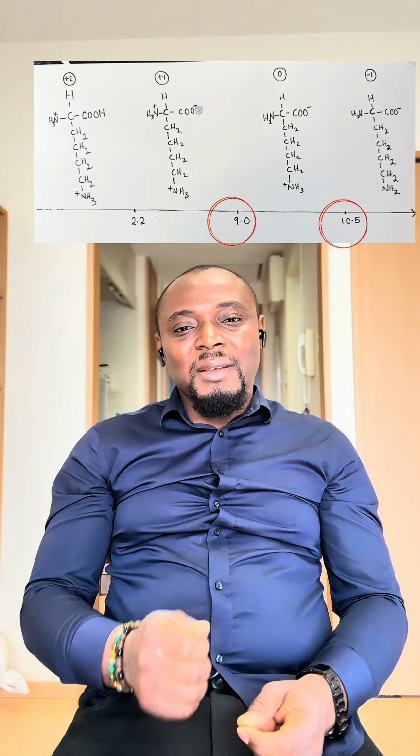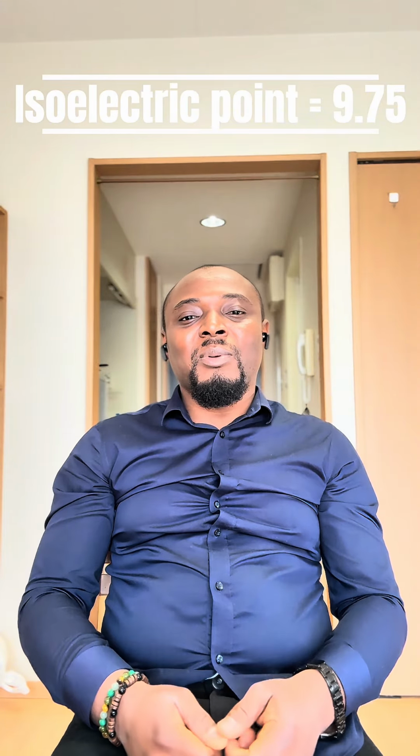For lysine, the 2 pKa values that surround the neutral form are pKa 2 and 3. When you calculate the average of these 2 pKa values, you will get the value 9.75, and that's the isoelectric point of lysine.